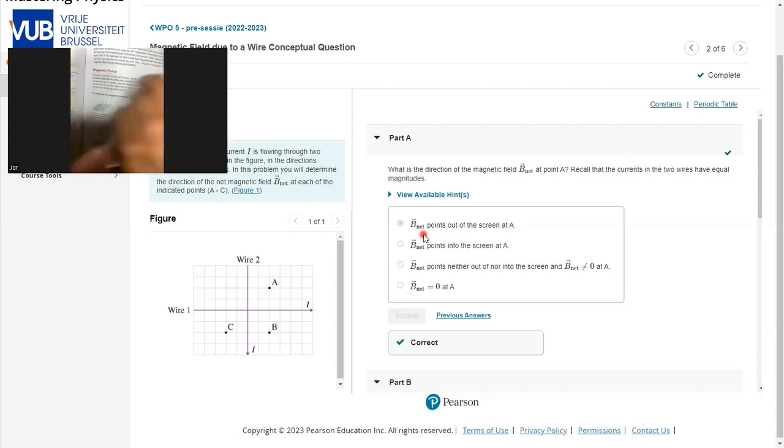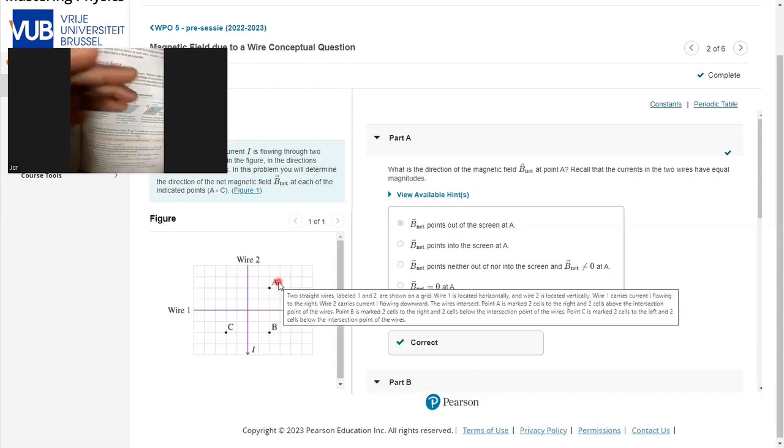Wire 2 is going to curl like this, and it's going to come out in this direction, so it's going to be out of the page. Wire 1 is going to be curled like that also.